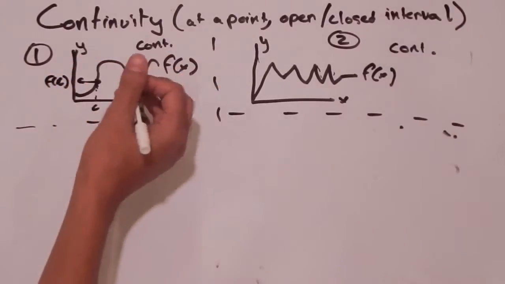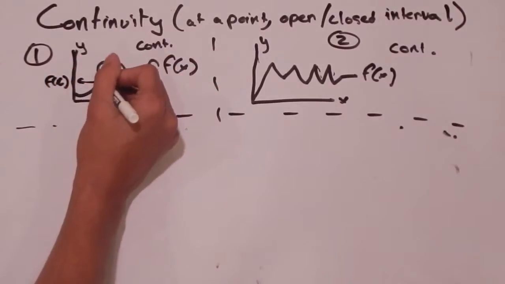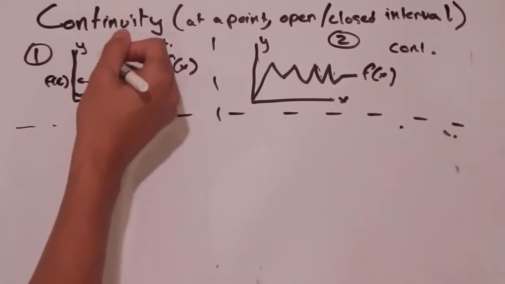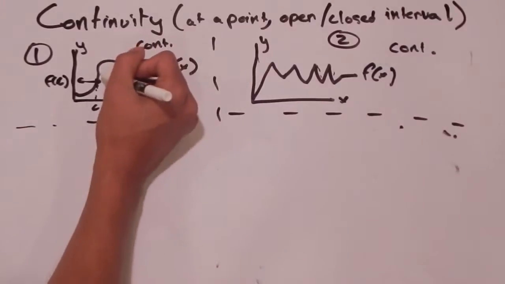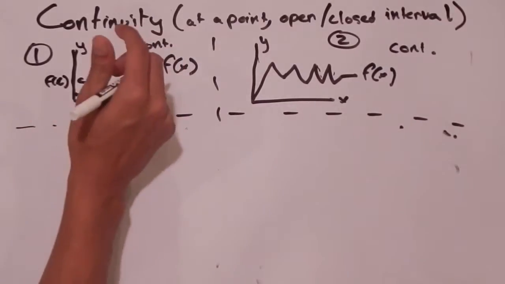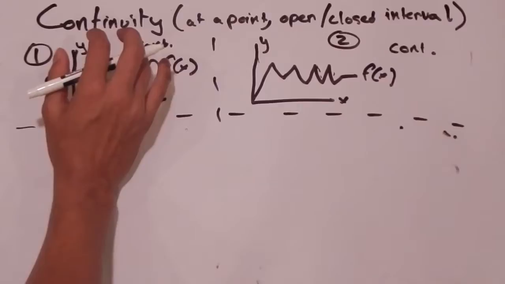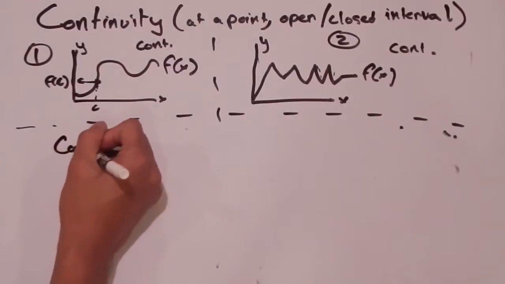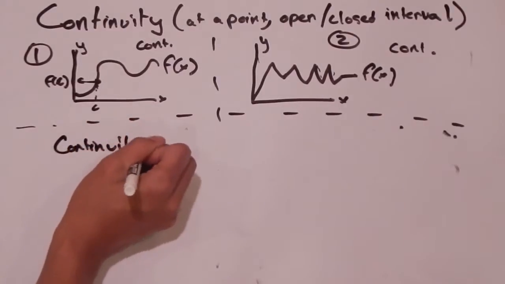And what's also important is that the values around f of c are close to it, because otherwise you're going to have to interrupt your hand while you trace it. You're going to have to jump up and down. The values, as x gets closer and closer to c, need to be getting closer and closer to f of c. And that sounds awfully like a limit. So these are the 3 conditions that define continuity at a point.